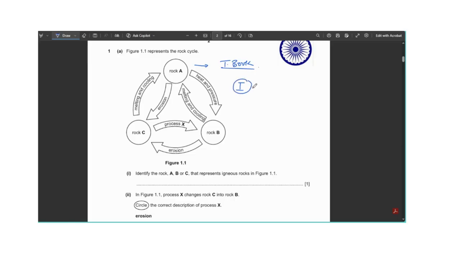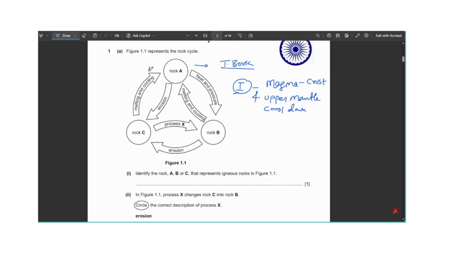What is igneous rock? It is nothing but when the magma from the crust and upper mantle cools down, we get a rock which is called igneous rock. So they are asking which represents igneous rock.